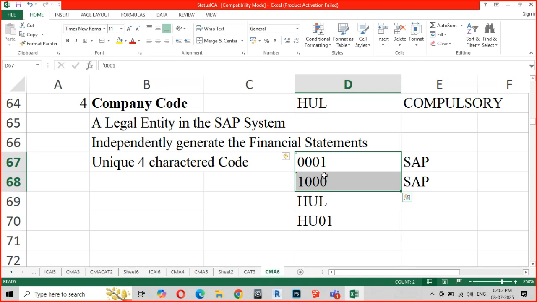Both may exist, or at least one of them will definitely exist in any SAP system on which you will be working. You will find either both or at least one. Clear? And why the standards? Just hold on for some time. I will tell you why SAP has provided something called standards.